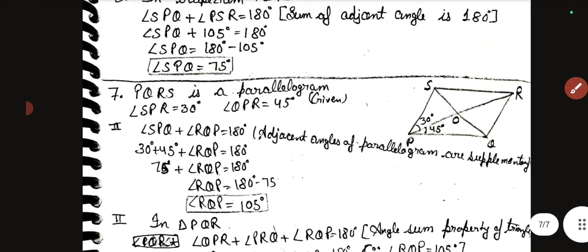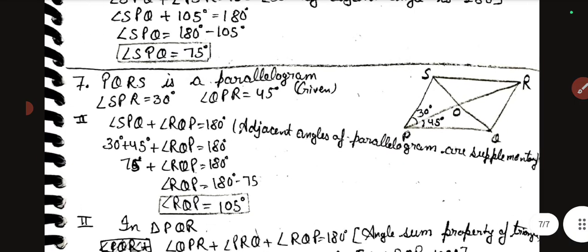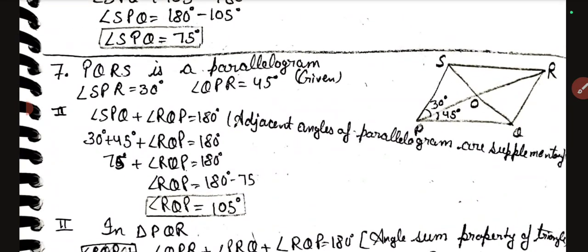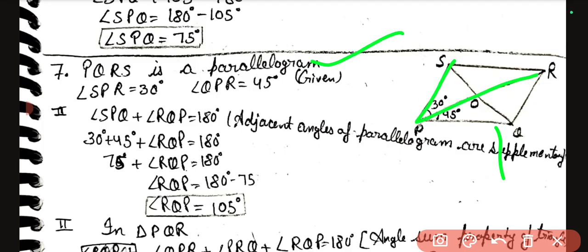You can see the diagram given here. Firstly you write PQRS is a parallelogram. The value of SPR is given as 30 degrees, and the value of QPR is 45 degrees. So by using the property of a parallelogram, the sum of adjacent angles is 180 degrees.